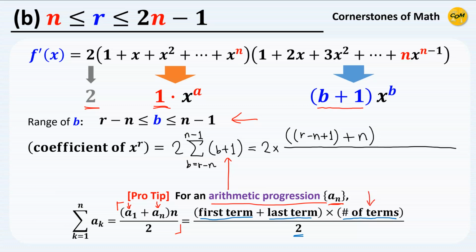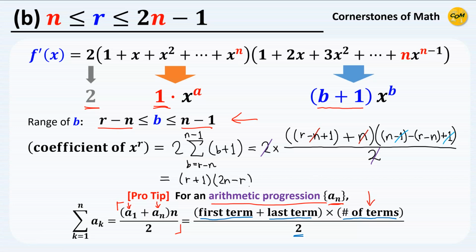And the total number of terms is this minus this plus 1, so n minus 1 minus (r minus n) plus 1. So we have this divided by 2. And if we simplify this, we simply obtain (r plus 1) times (2n minus r), which is a surprisingly short and beautiful result.